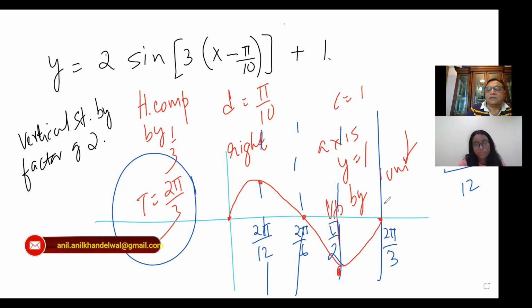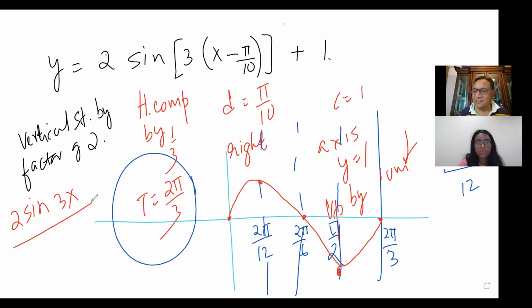Is it clear? But this sine wave I've taken as 2 sine 3x only. I've not done the translations yet, correct? Now I have to move pi by 10 units right and 1 unit up.